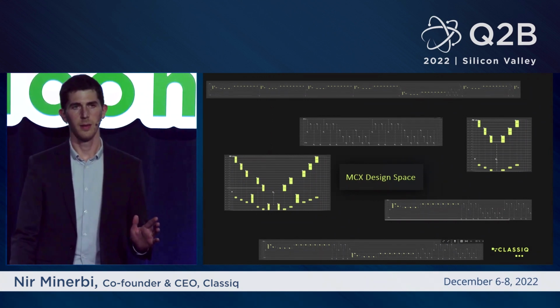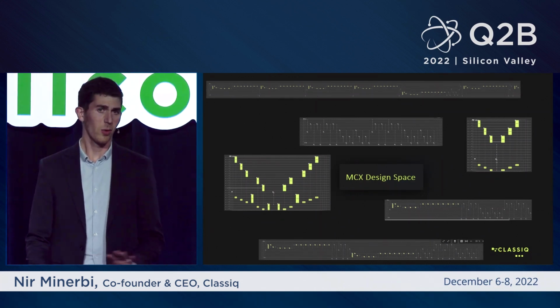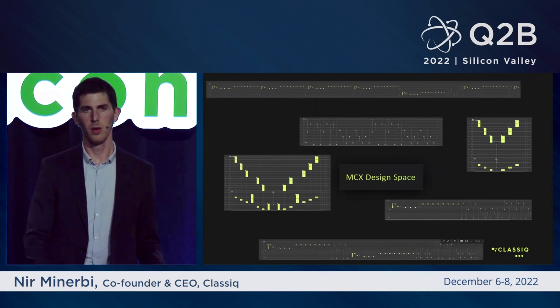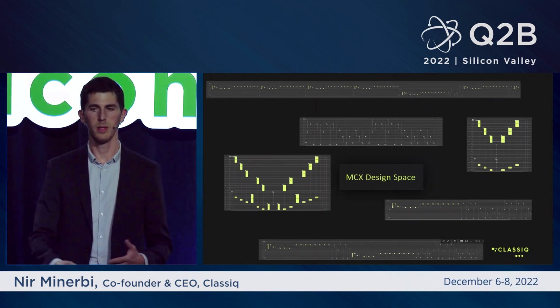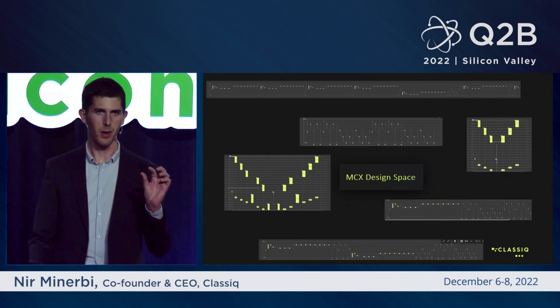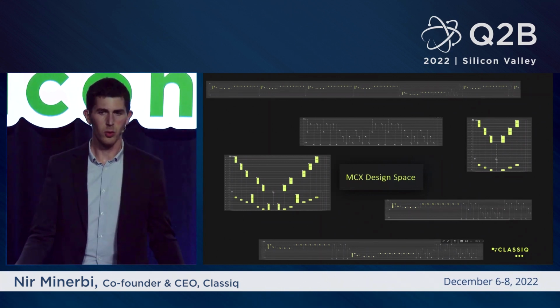Some are deep, some are shallow, some use more qubits, some less, but all with the same functionality. So how should the developer know how to design these circuits? And again, this is a very tiny part of a very large algorithm, so obviously it's impractical. But you shouldn't do that, right?